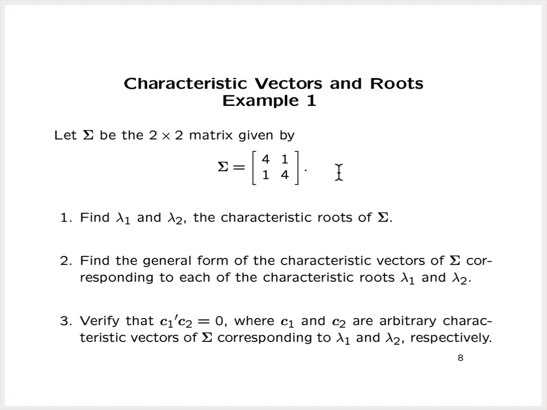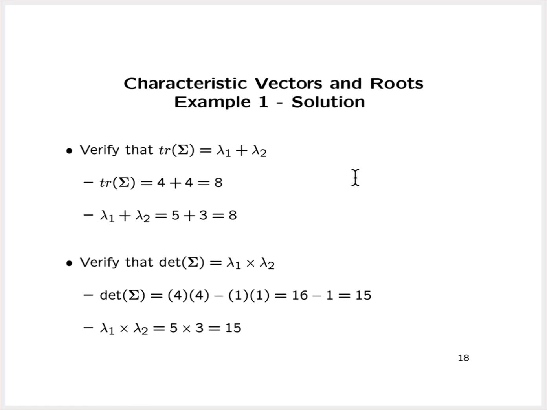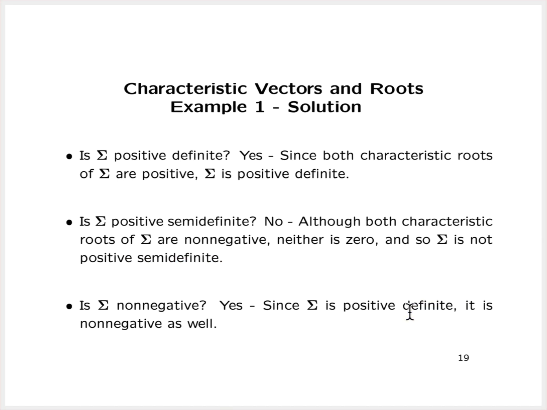So the determinant of this matrix is 15. Then looking at the product of the characteristic roots, we have lambda 1 times lambda 2 being equal to 5 times 3. That's also 15. So again, we see in this example that this relationship holds. Not only is the trace equal to the sum of the characteristic roots, but the determinant is equal to the product of the characteristic roots.